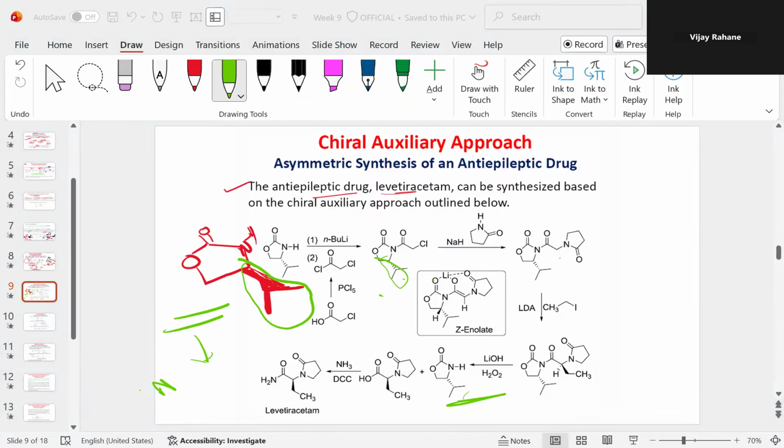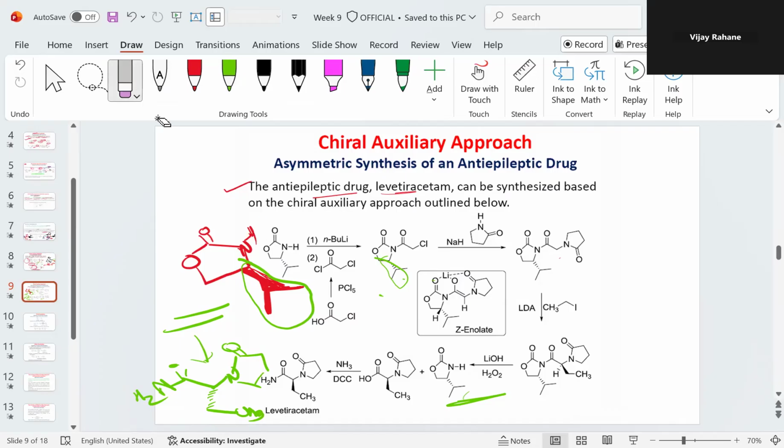We get this NH2, COO, and here this part which comes from the ethyl group, which in that case will be directing downward. So this is how we can tune our stereochemistry based on the selection of the chiral auxiliary. We can select the appropriate chiral auxiliary to get the desired product.